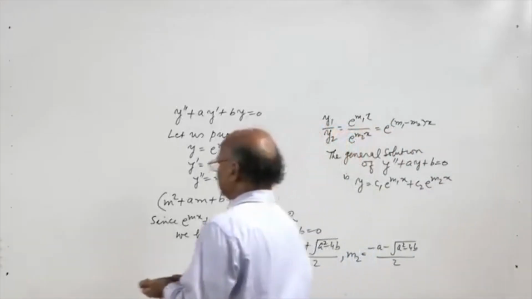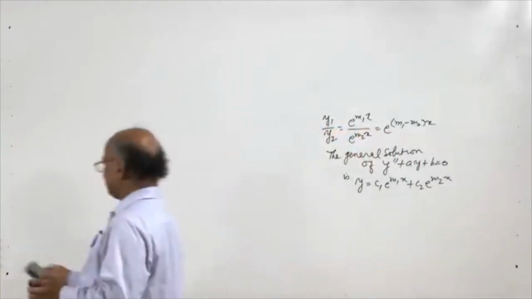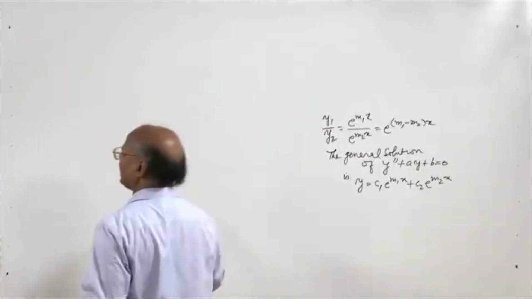For example, let us consider y double dash plus y dash minus 2y equal to 0.